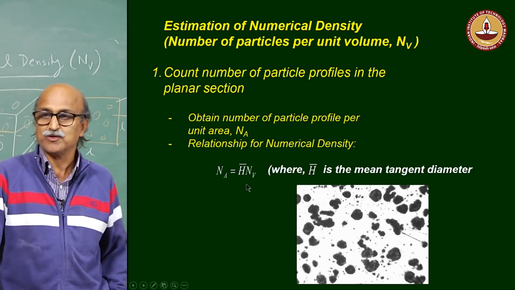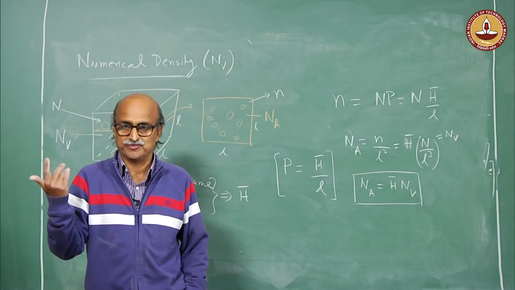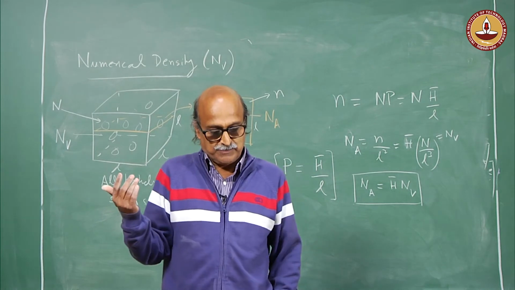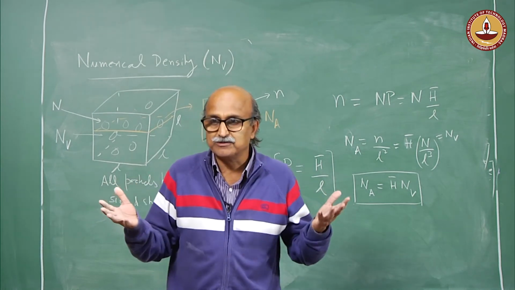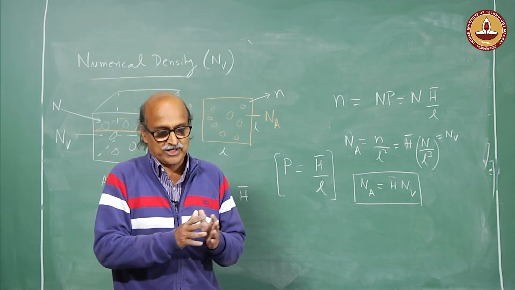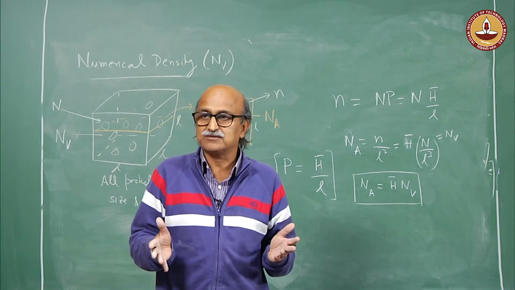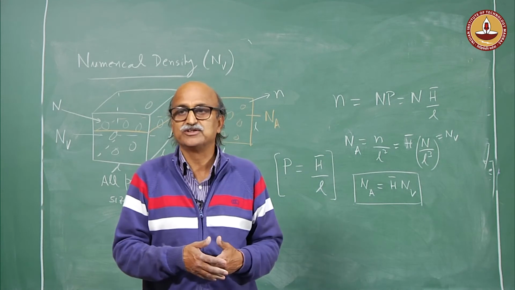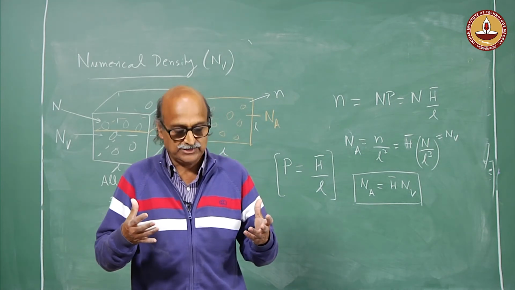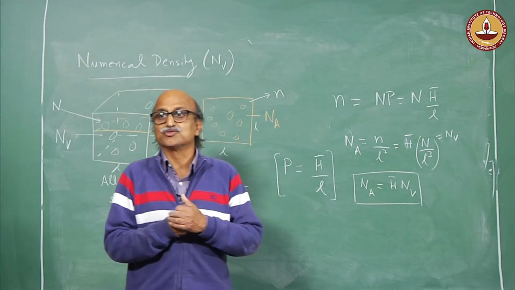So, we have 2 unknowns and we are only able to make one measurement. So, in order to get numerical density, number per unit volume, one would have to make some assumptions regarding shape. Once we can assume that, then we can try to solve this problem.